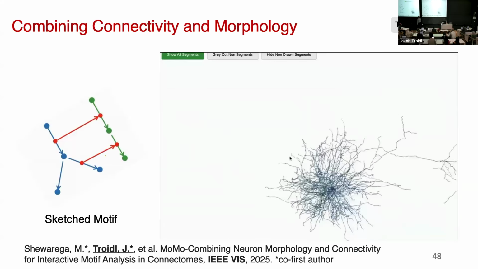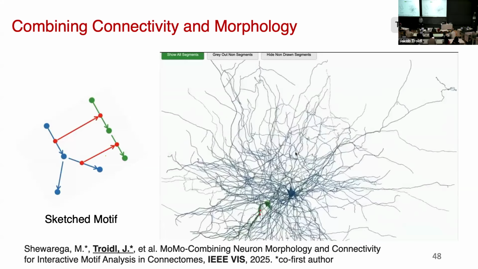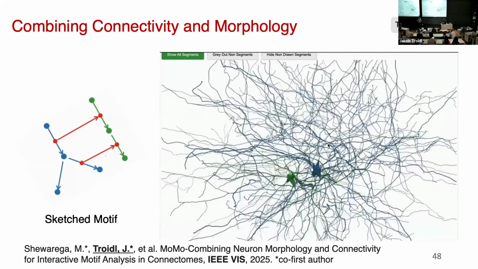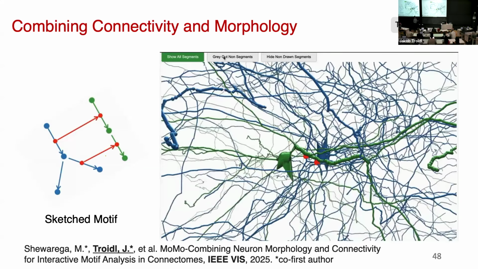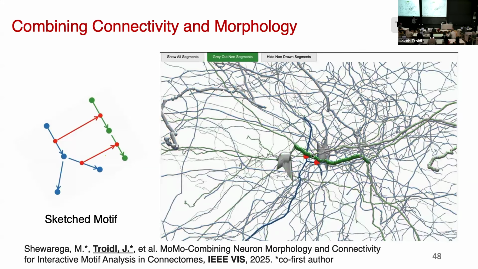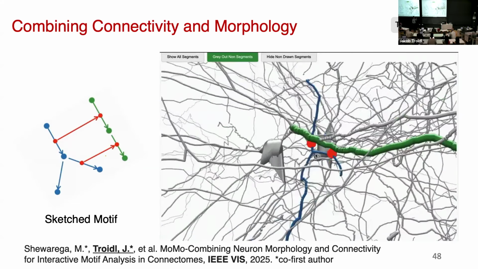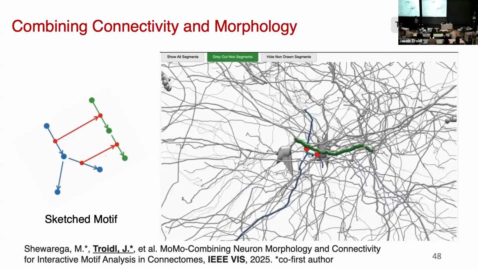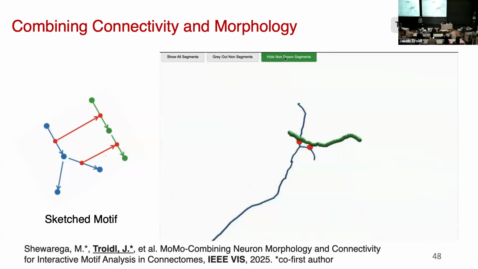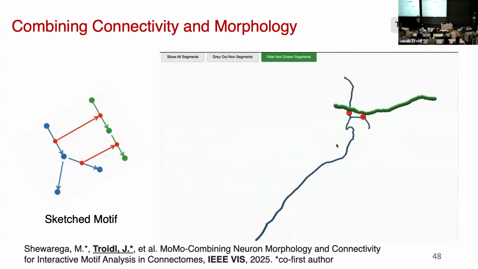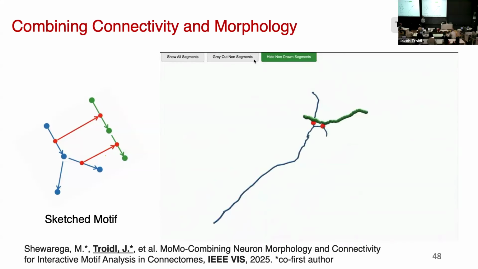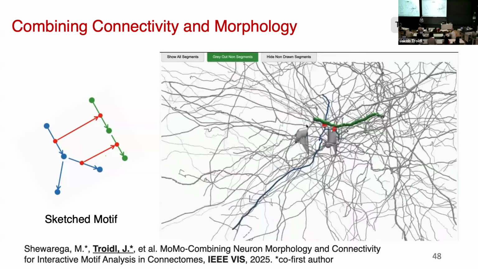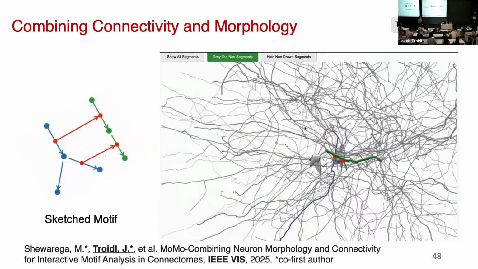Then they can inspect instances in 3D, to see how these patterns are implemented in the morphology of the neurons. And MOMO has a feature where you can hide away certain structures that are around the instances that are found. And so here, by hiding the surrounding segments, this motif structure becomes much more clearly visible.